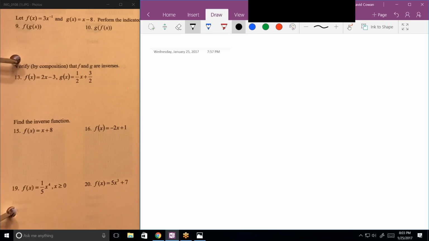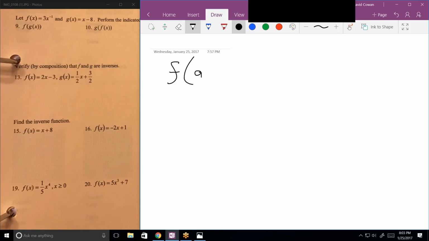Yeah, so we would do x is equal to 2y minus 3. Well, I don't need to rewrite the functions since they're written right there. What rule has to be true for two functions to be inverses of one another? No, it's this.